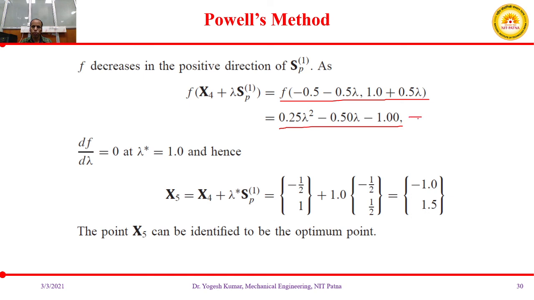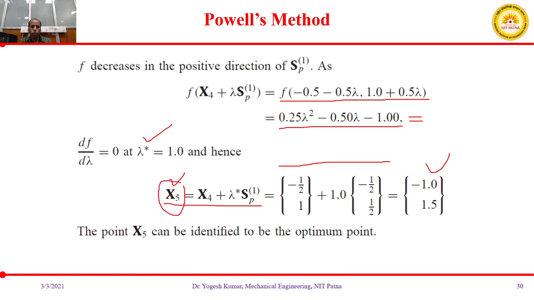Again you first take the derivative of this expression, df over d lambda equal to 0. The value of lambda now comes out as lambda equal to 1. Since lambda is equal to 1, you can find the next point, that is x5, which will be x4 plus lambda sp1. I hope up to this point there should be no doubt, because these are repeated kinds of calculations.